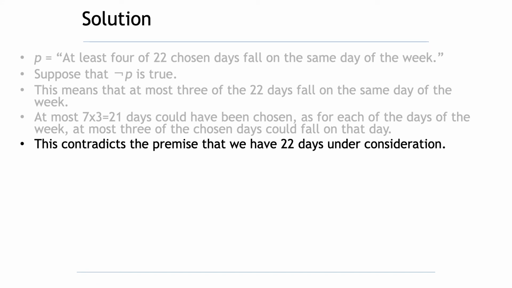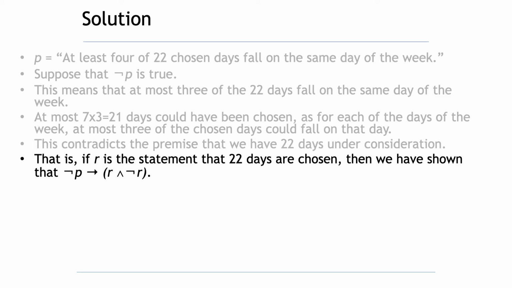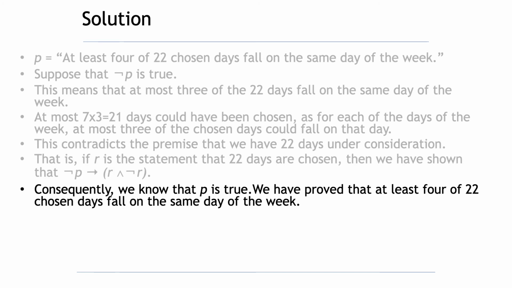This contradicts the premise that we have 22 days under consideration. We just saw before that now we can only have at maximum 21 days under consideration. That is, if R is the statement that 22 days are chosen, then we have shown that not P implies R and not R, which is a contradiction.